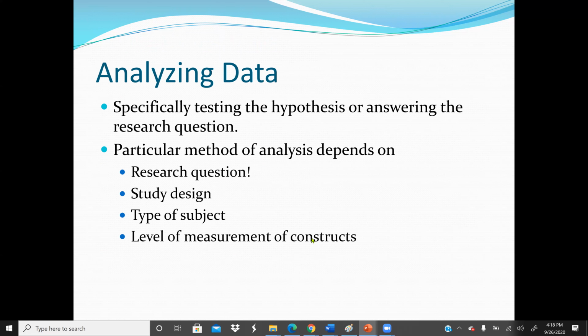Because again, for example, in the data analytics field, we have so many different algorithms to analyze the data. So based on the research question or type of study, we may decide whether to use classification, clustering, hypothesis testing, t-test, chi-square test. There are so many techniques to analyze the data.